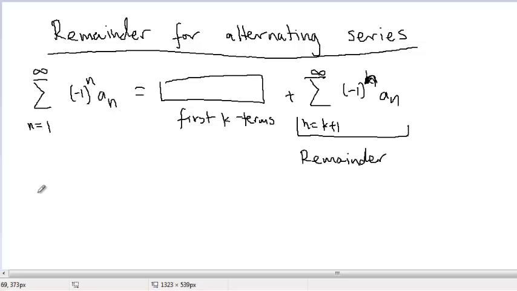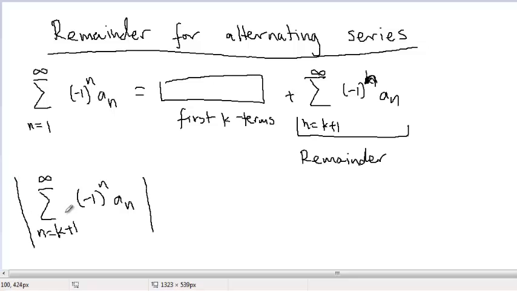We know the following fact: this remainder, summation from k plus 1 up to infinity, negative 1 to power n, a sub n, in absolute value, this error term will be at most a sub k plus 1.